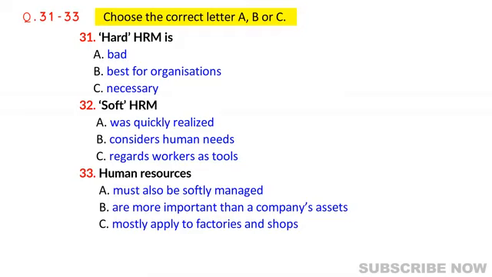That leads us to the modern soft HRM model, where the staff, or human resources, are now considered one of the most important assets a company may have, an asset just as tangible as the factories, shops, and money in the bank, and something that needs to be managed in a soft way as well as hard.